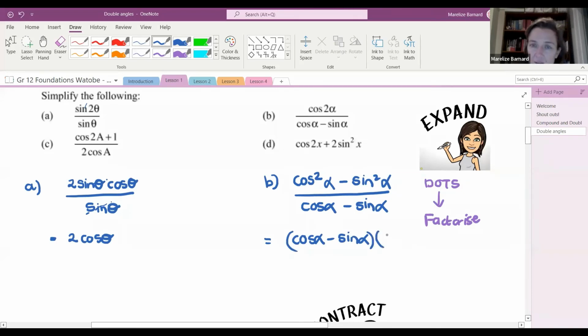That's how we're going to factorize it. Cos alpha plus sine alpha. Remember a difference of squares for those of you who might be rusty or haven't done factorizing in a while. A squared minus b squared is a difference of squares, and we can factorize it as a minus b, a plus b.